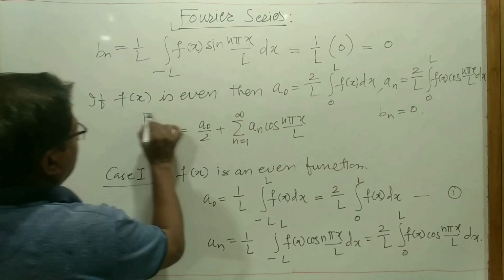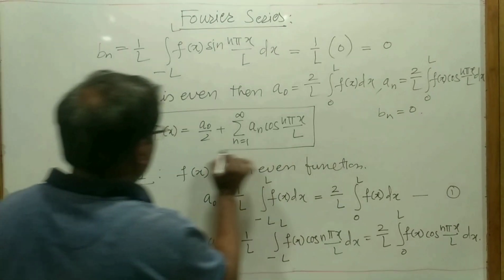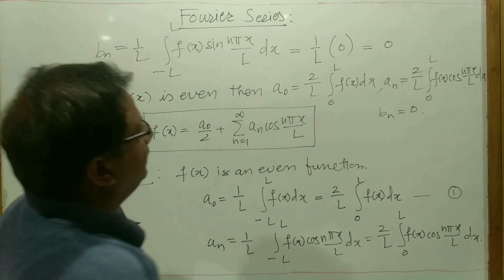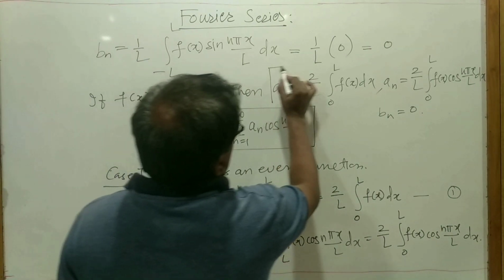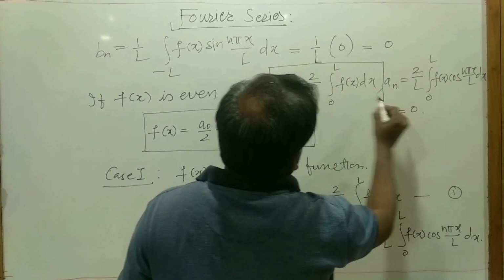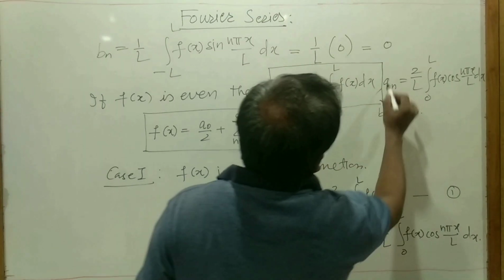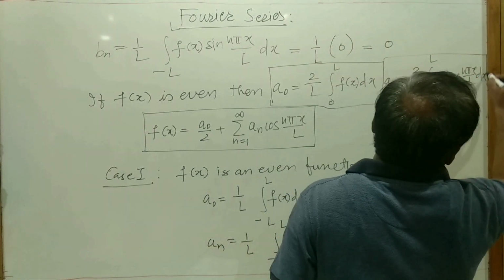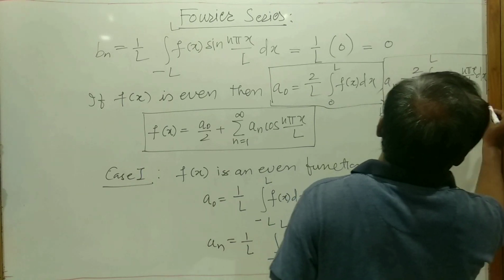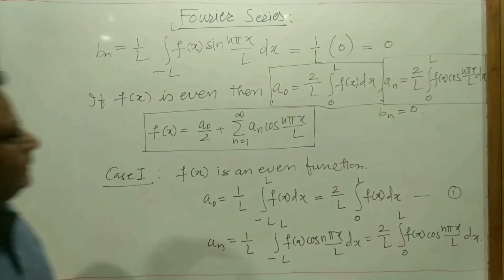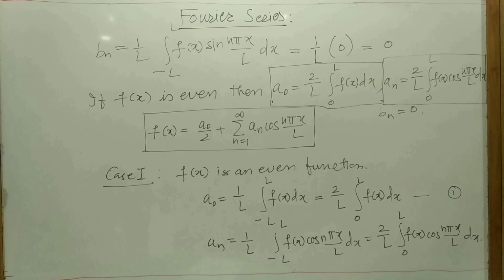So this is the Fourier series of an even function, where a0 and an are calculated using this formula. This is a0 and this is an. So this is the case where f of x is even.